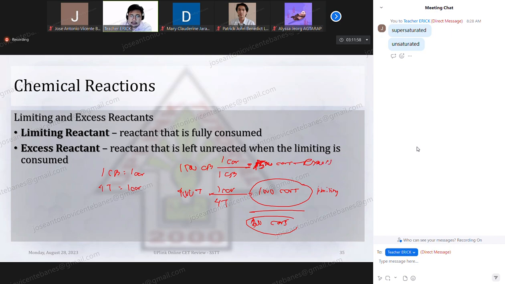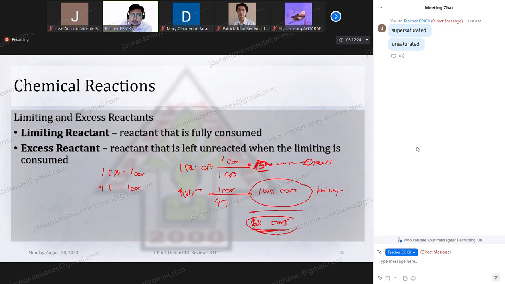Okay? So the limiting reagent gives 1,000 cars. Since we have 4,000 tires divided by 4, only 1,000 cars will be produced. And therefore, if these are fully consumed, then it limited the production of the cars. But with the 1,500 car bodies producing 1,500 cars, we cannot make a new car unless tires are added.